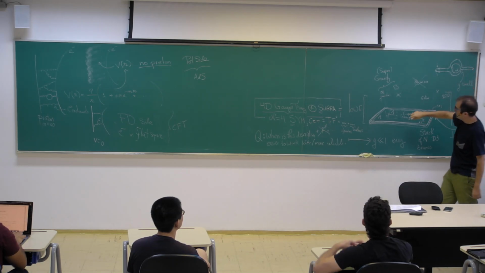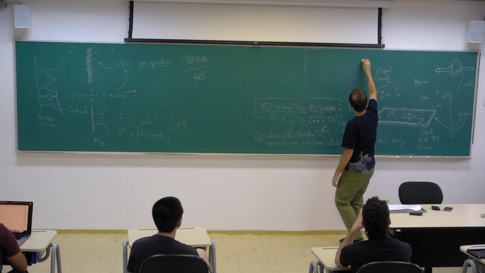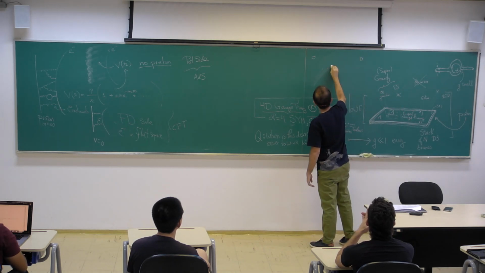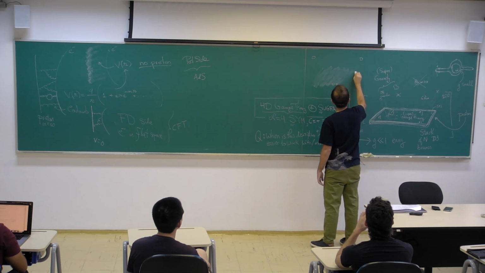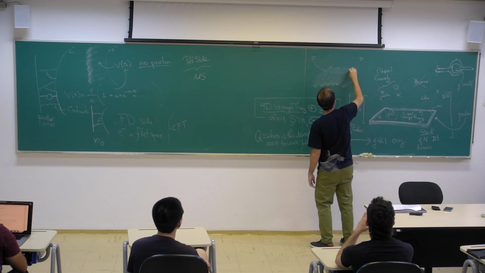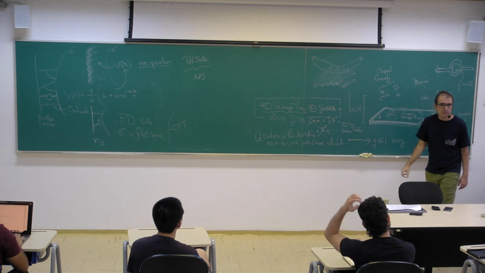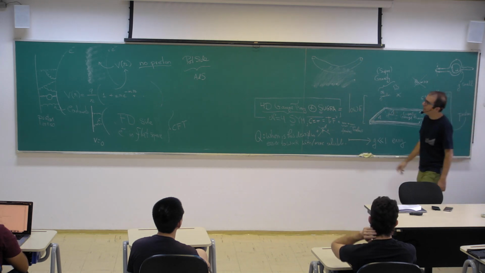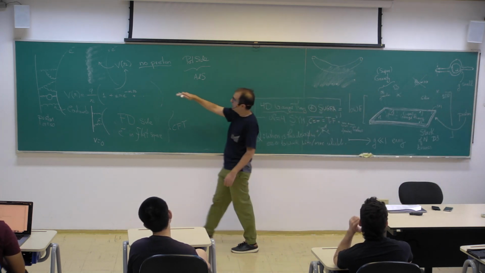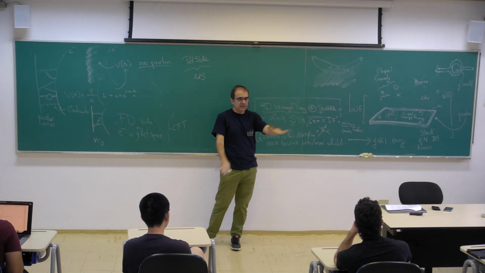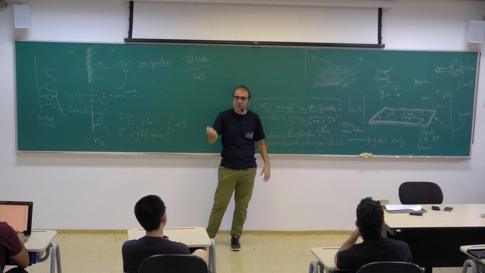I want to replace this by a picture where I have my graviton in, my graviton out, and there is some background. And I just want to say that my string moves and feels some background. And in the same way that here there is no proton, in that language there will be no D3 branes, because I replace the effect of the D3 branes by whatever background they generate.